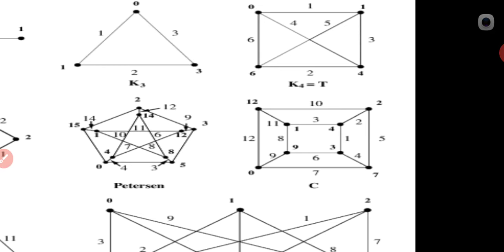The absolute difference is 1, so we label the edge 1. Next, 0 and 6. 0 minus 6 is minus 6. The absolute difference is 6, so the edge is labeled 6. So we label the edges in this way.